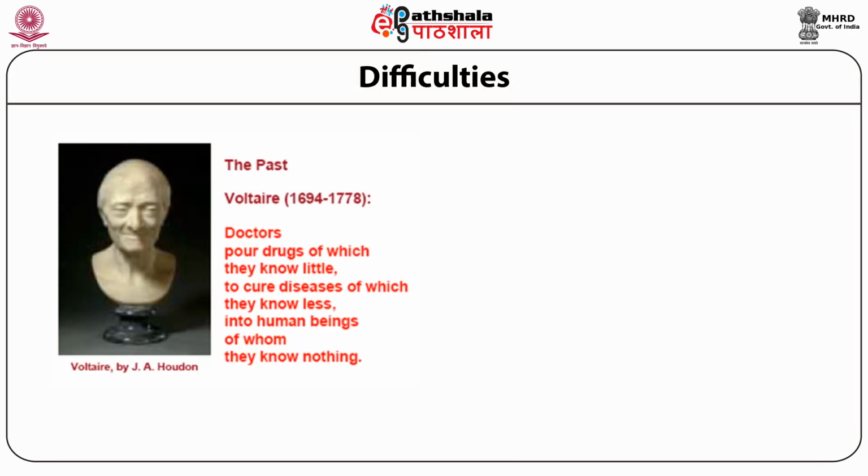One of the most important lessons to learn is from a very old person called Voltaire, one of the greatest philosophers of early centuries. He wrote: doctors pour drugs of which they know little to cure a disease of which they know less into a human being of whom they know nothing.